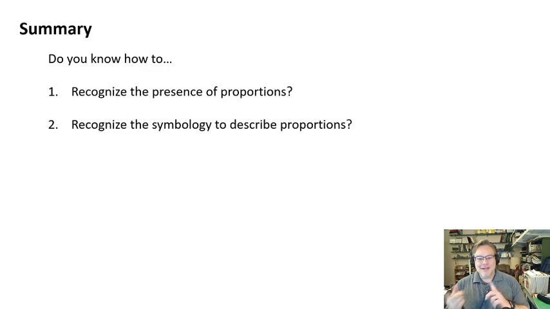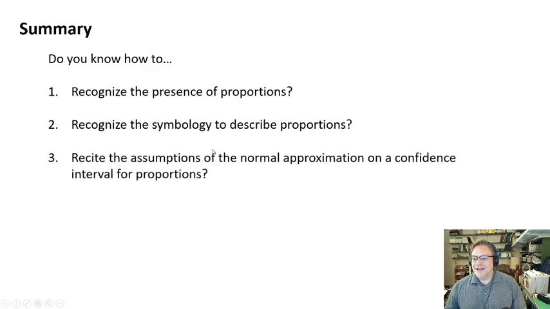We used P and Q for populations, P hat and Q hat for samples, and we also defined E for margin of error. We also used it in our previous videos to describe the margin of error. And then lastly, recite the assumptions of the normal approximation on a confidence interval for proportions. That was the list of assumptions on that one slide.